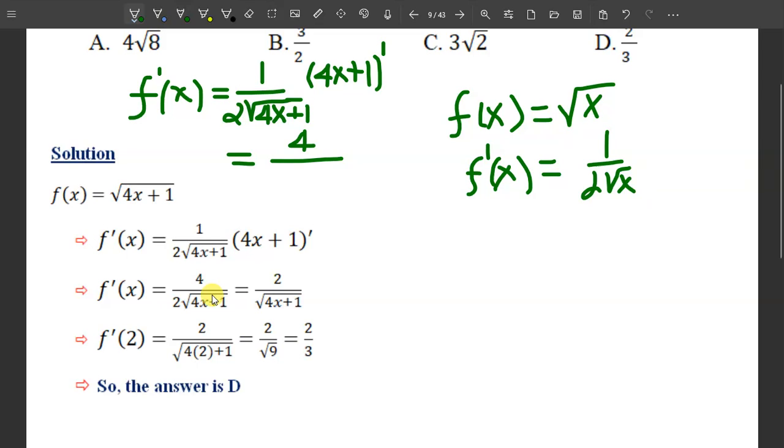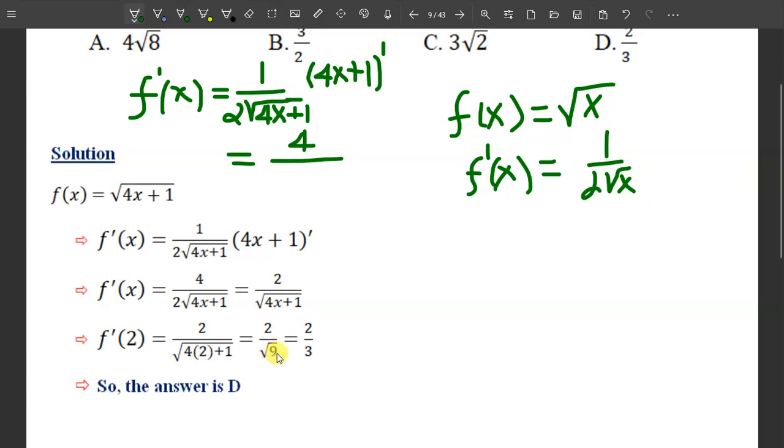Then evaluate the value of the derivative at x equal to 2. It becomes f prime of 2, which is equal to 2 over the square root of 4 times 2, replace x by 2, add the result with 1, and then it becomes 2 over the square root of 9.